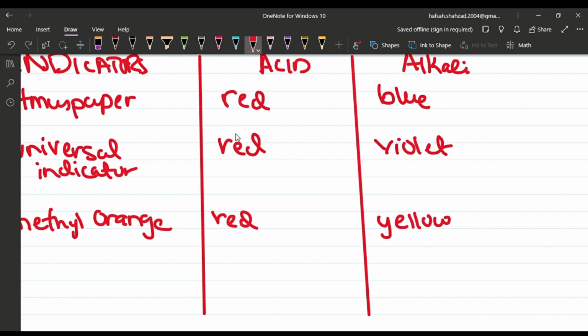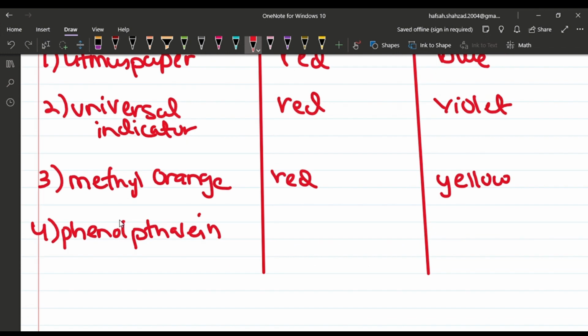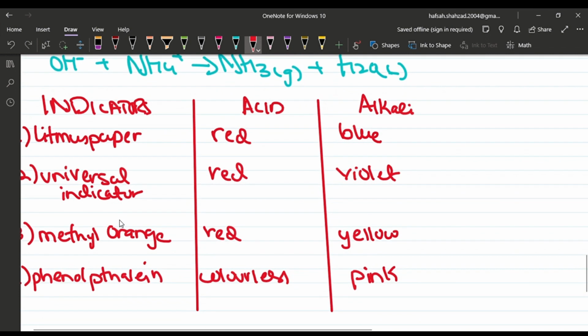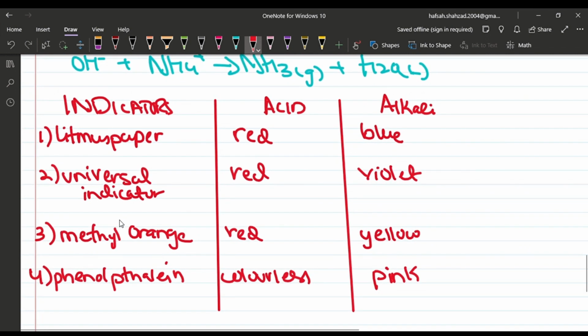So we have red for acid and different colors for alkalis: violet for universal indicator, yellow for methyl orange. And the last one is phenolphthalein. Phenolphthalein gives colorless in acid, and it gives a pink color in your alkali. So that's the table of indicators and their colors in acid or alkali.